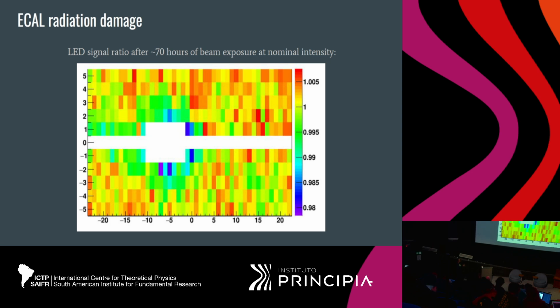But there is some region around this hole here of ECAL where already after 70 hours of data taking, the LED signal is lower by even a few percent. This means that the radiation that impinged on these crystals here was so large that in 70 hours it reduced the transparency of the crystals, and so you already have an appreciable effect.